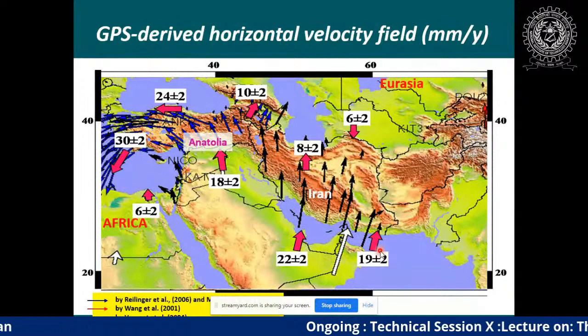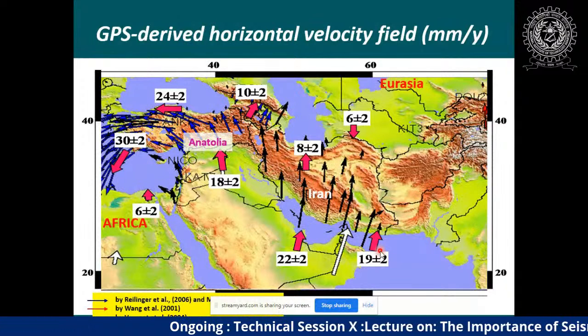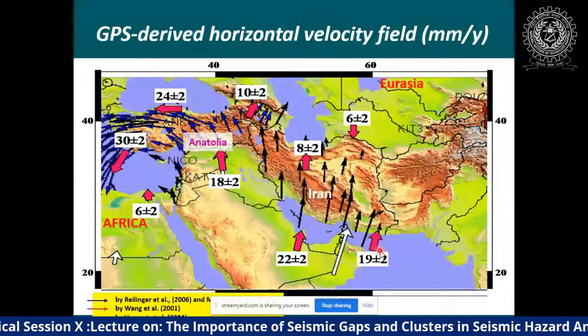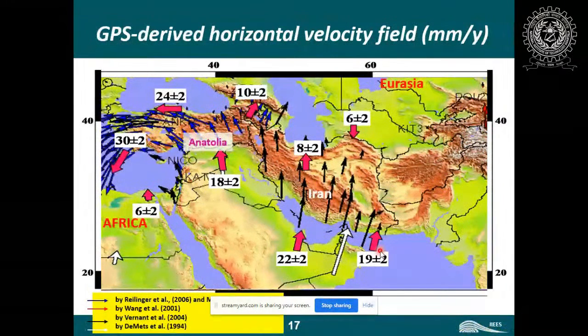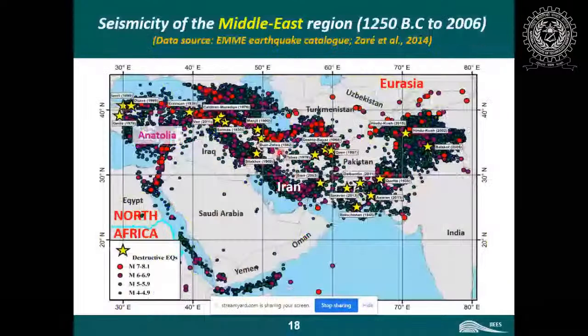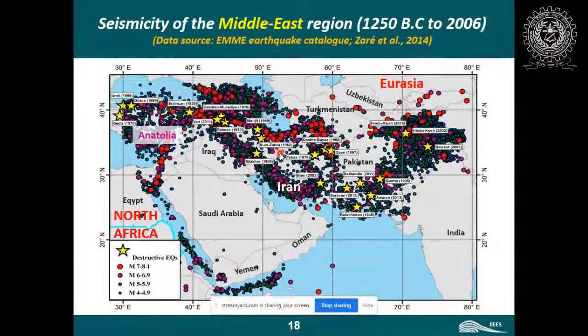In Iran, we have something around 30 millimeter per year of shortening, which is distributed about 22 millimeter per year in the southern part in Zagros, and about 8 to 10 millimeter per year in the northern part in the Alborz region. This is the major cause of the seismicity in this part of the Alpine Himalayan zone.